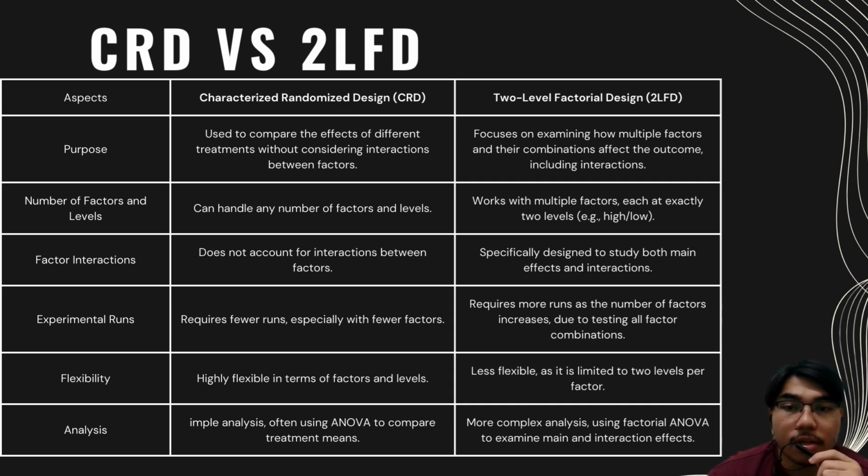The fourth is experimental runs. For CRD, it requires fewer runs, especially with fewer factors. For 2LFD, it requires more runs as the number of factors increases due to testing on factor combinations. The fifth is flexibility. CRD is highly flexible in terms of factors and levels. 2LFD is less flexible as it is limited to two levels per factor.